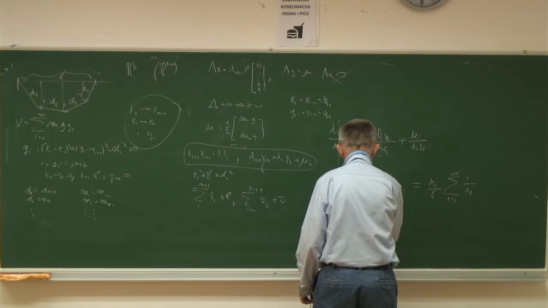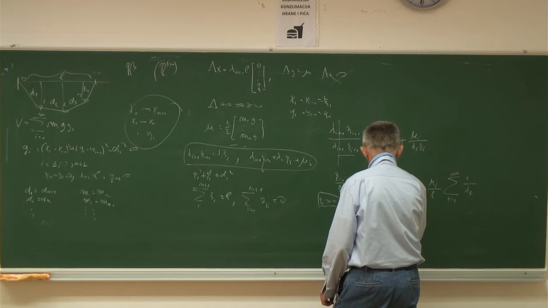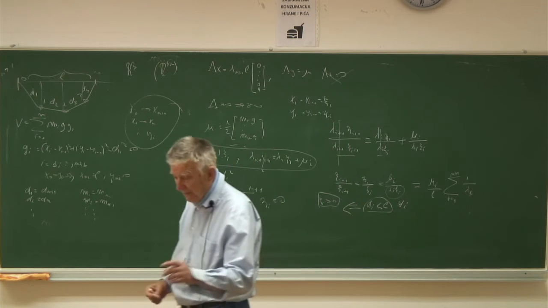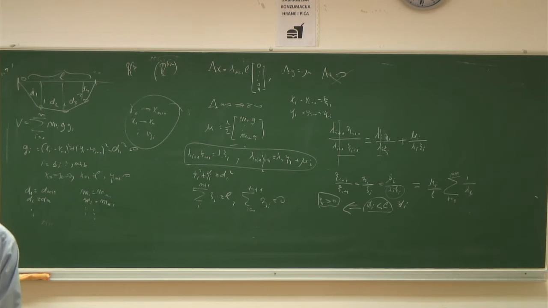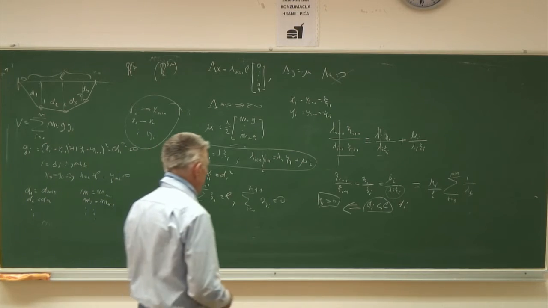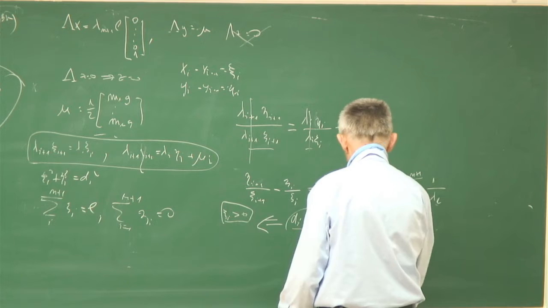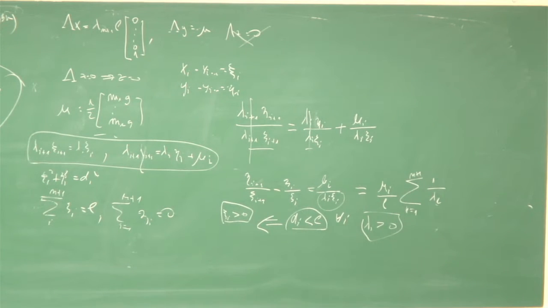It will be true if d i is less than L for every i. And then we also know that all lambdas are positive. I just repeat what we have established last time.